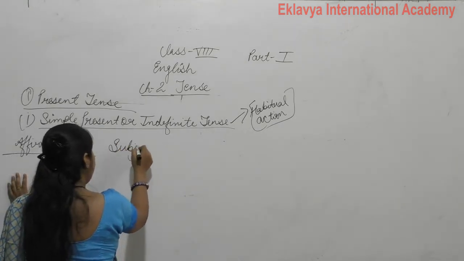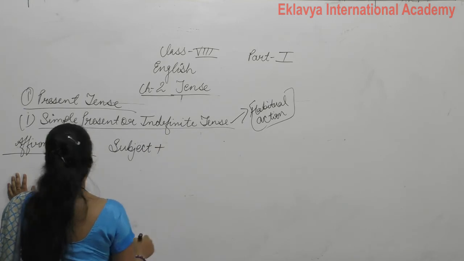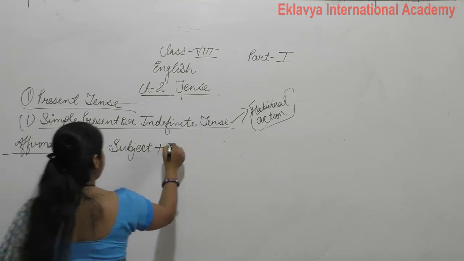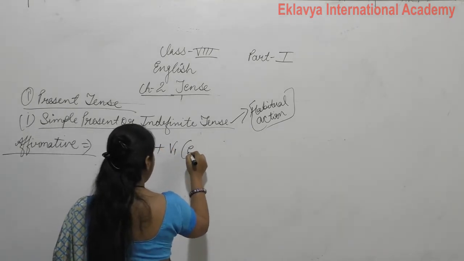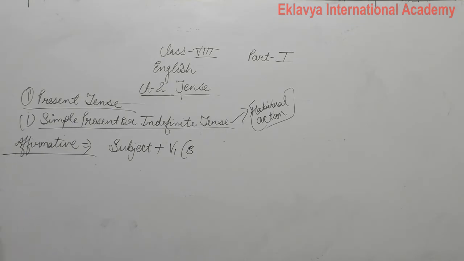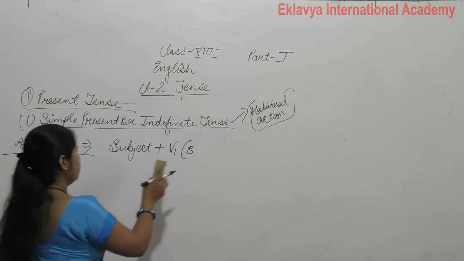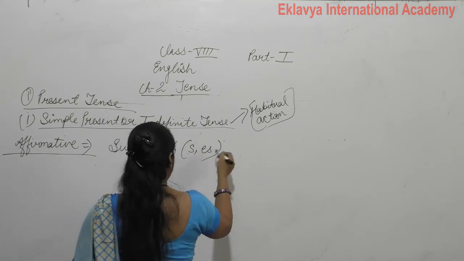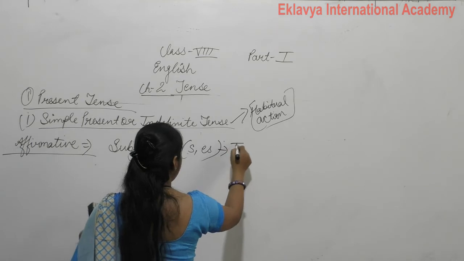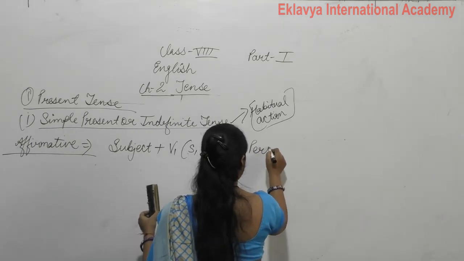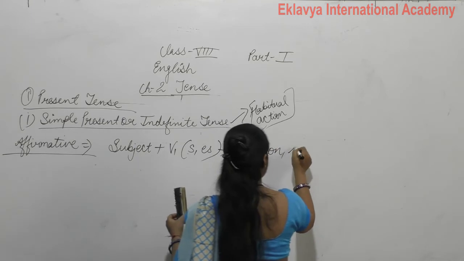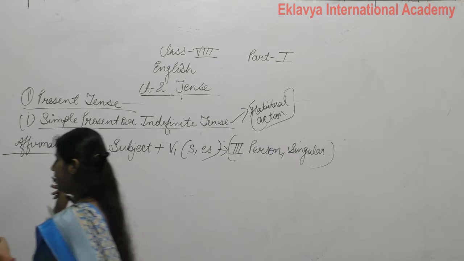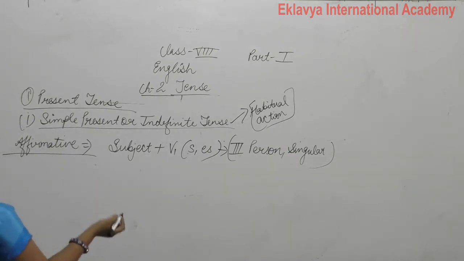First of all, we write subject plus verb first form with s or es, and we use this in case of third person singular. Is that clear? This is the pattern of the sentence.